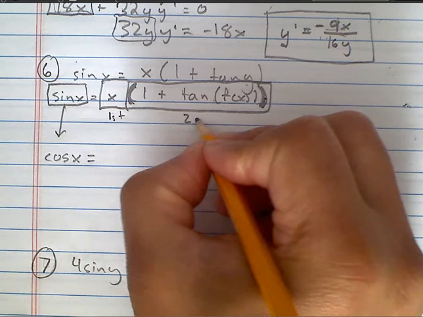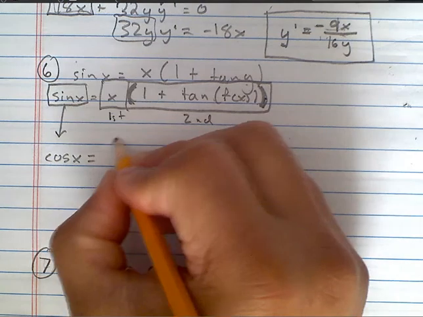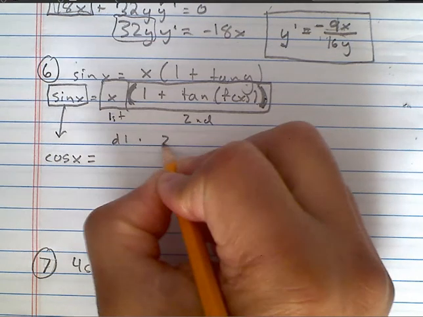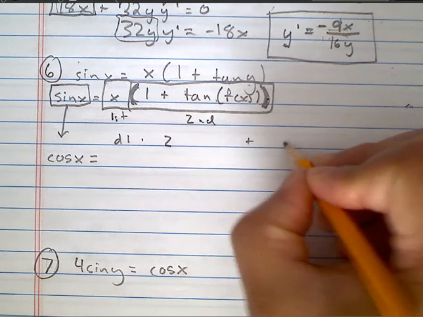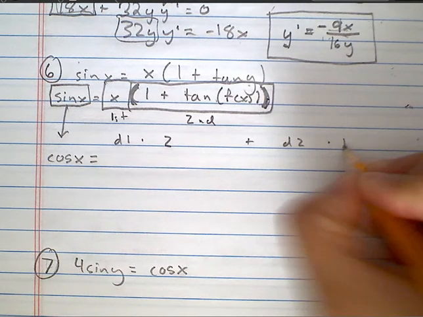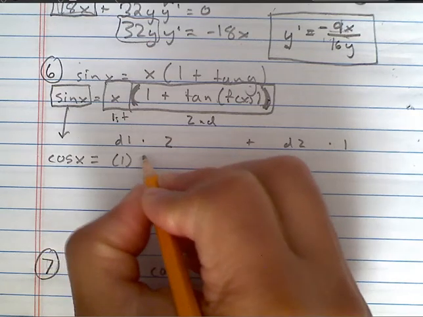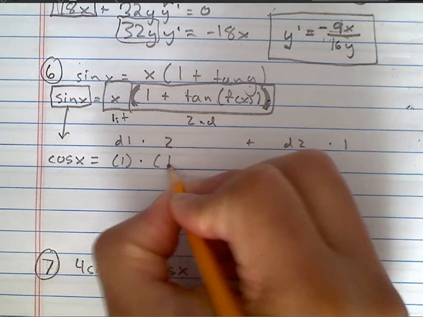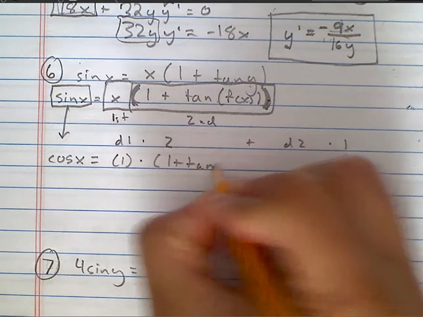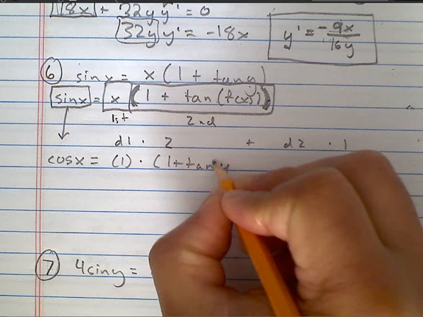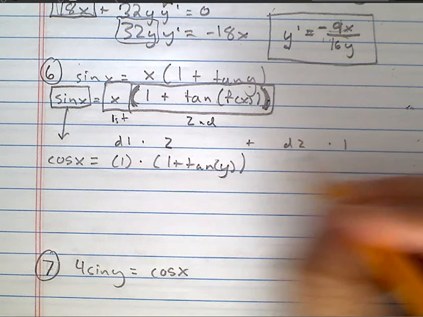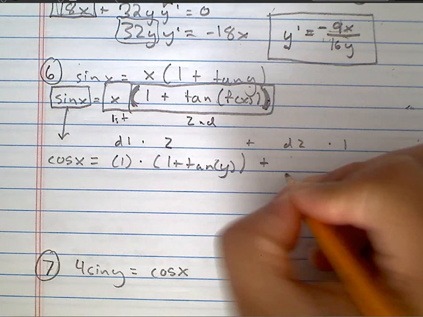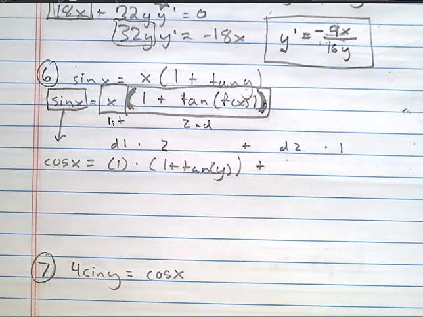Let's set up our product rule. D1 times 2 plus D2 times 1. So D1 is 1 times 2, 1 plus tangent y. I'll just write y because I don't need to do anything on that. Plus d2. Now this is kind of scary, so we can do it off to the side if we need to.